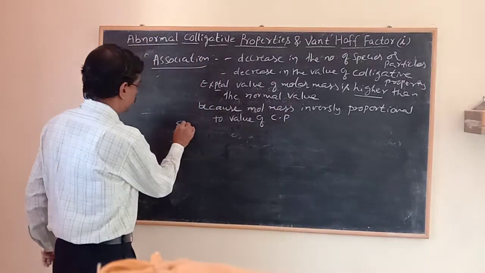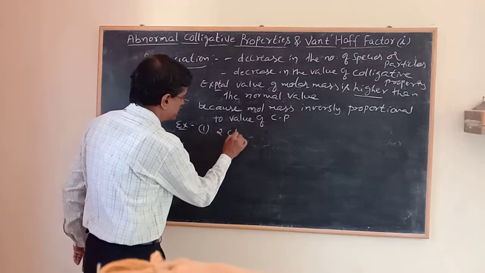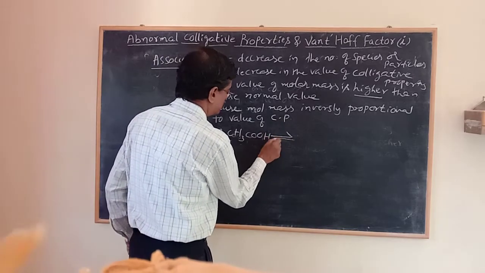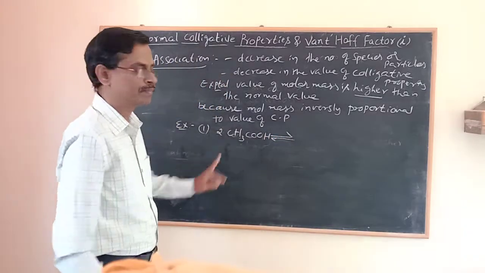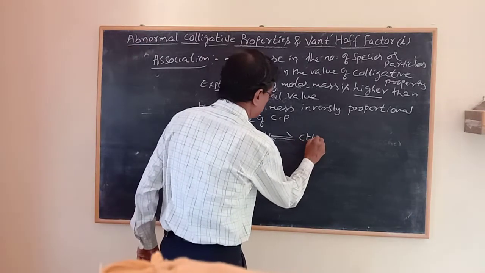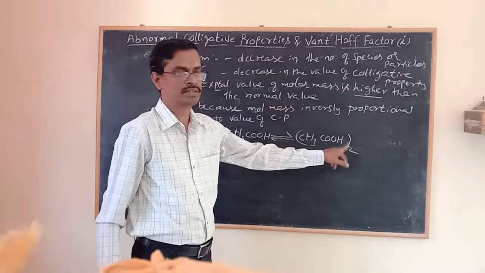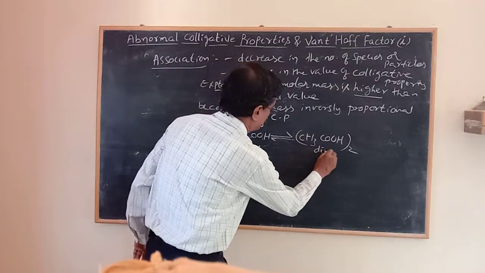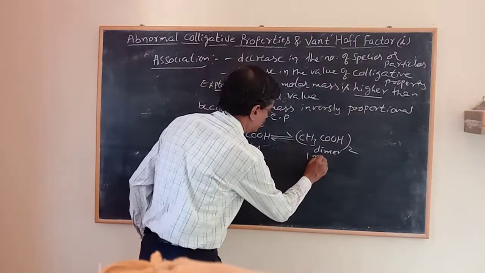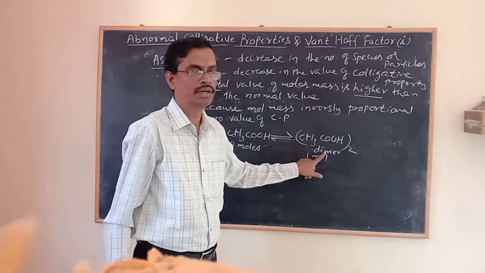For this, I will take the example of two molecules of acetic acid. Another name for acetic acid is ethanoic acid. Here 2 moles dimerize to give the dimer (CH3COOH)2. Two molecules are joined, so it is the dimer, and we are getting now only 1 mole from 2 moles, due to the dimerization.